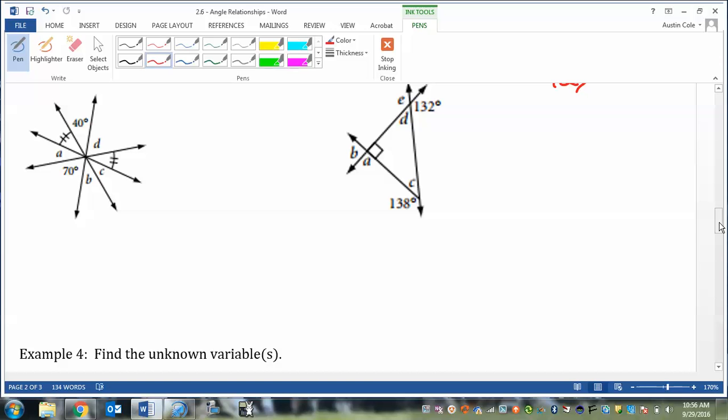So 140 divided by 4 instead of 2. We have to do this one.